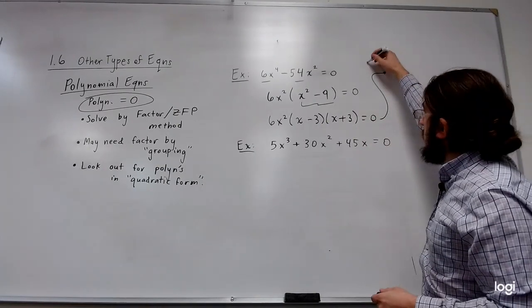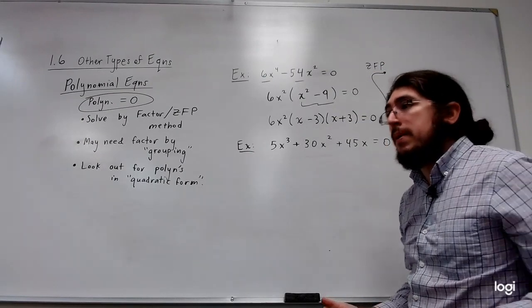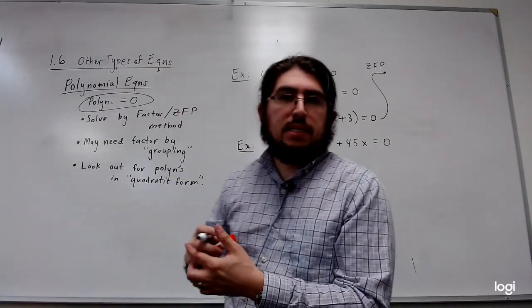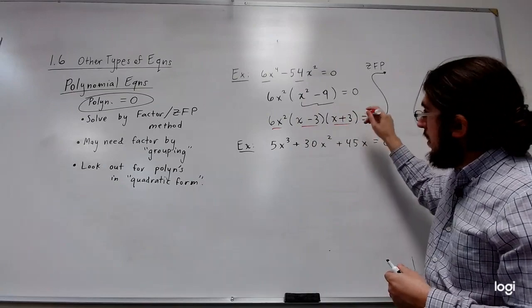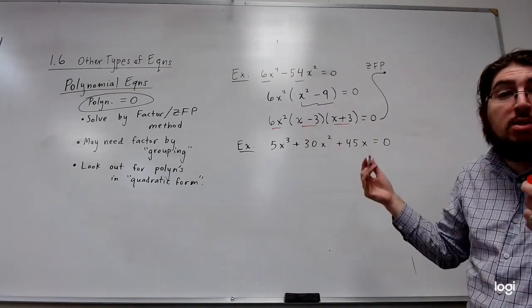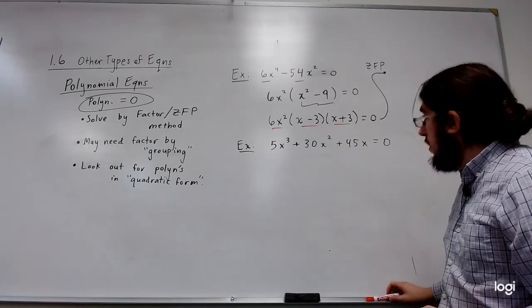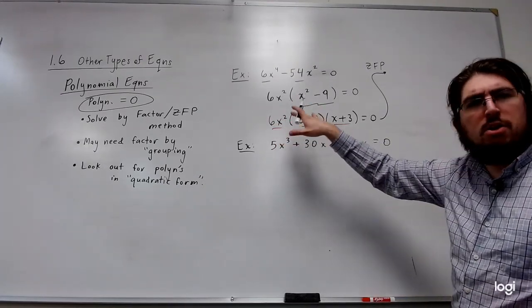Now we can use the zero factor property. And what does the zero factor property say? Well, it basically says that we can set each of the factors equal to 0 if we have a product equals 0, and we do. That's why we want 0 to be on one side and then factor the non-zero side, essentially. So when we set this equal to 0, all you'll get is x equals 0.